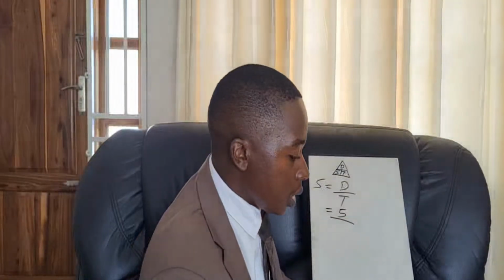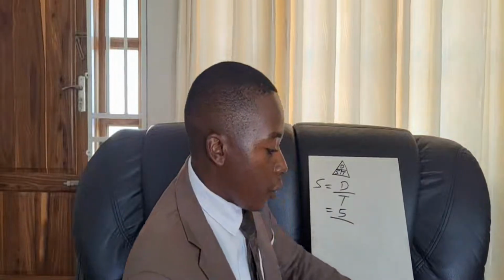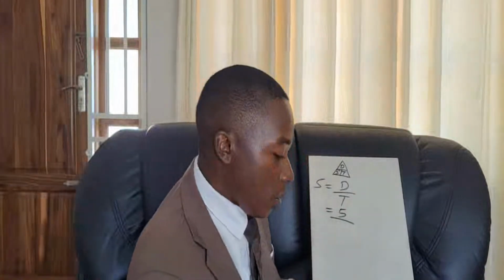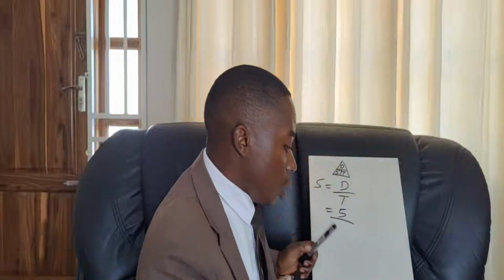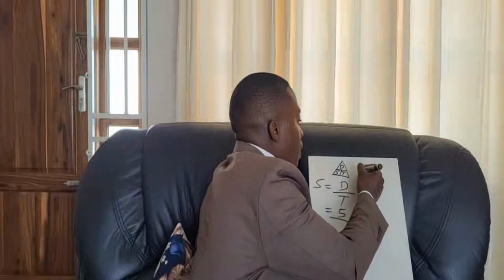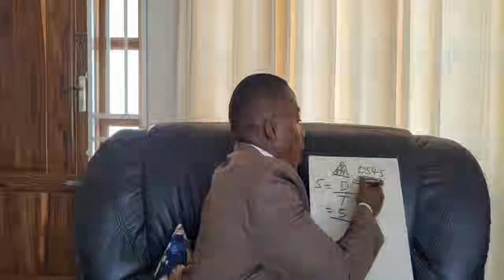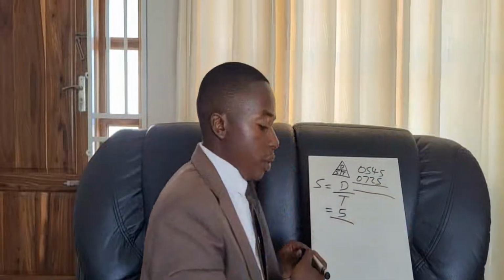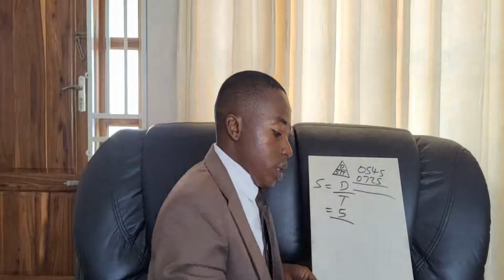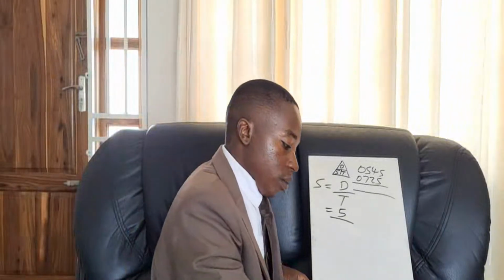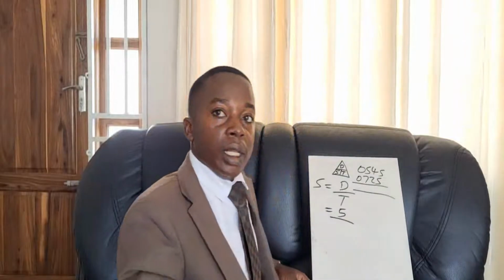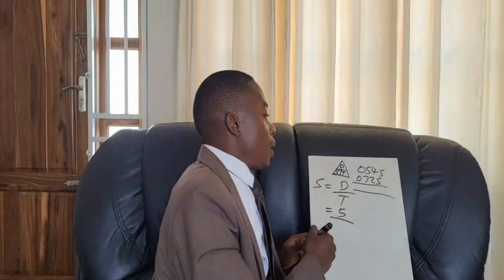So I want you to calculate from 05:45 to 07:25. How many hours and minutes do we have? The question says the speed on the day the learner was late. So when you're calculating, this is very easy.